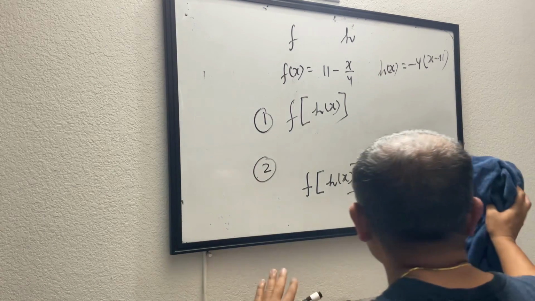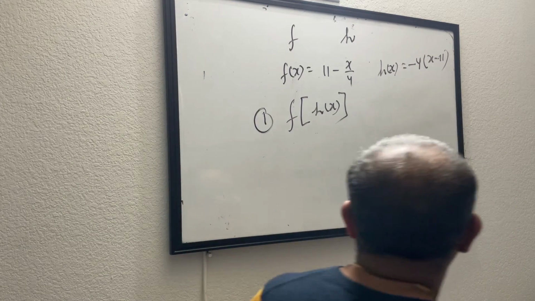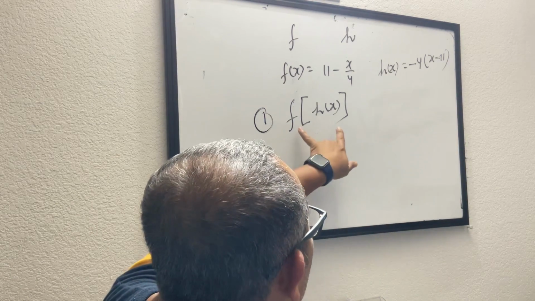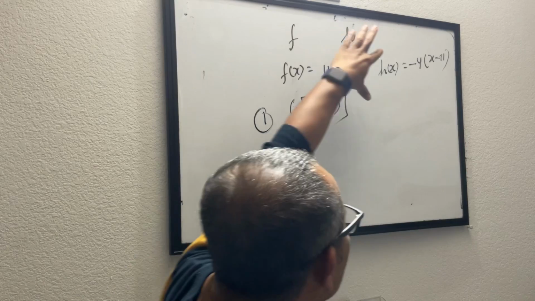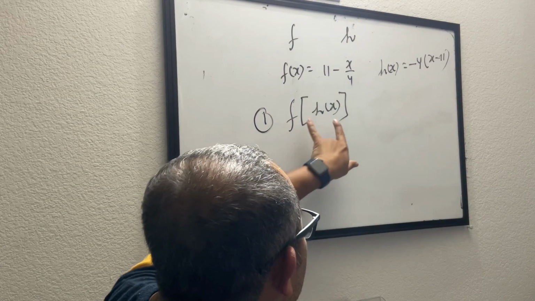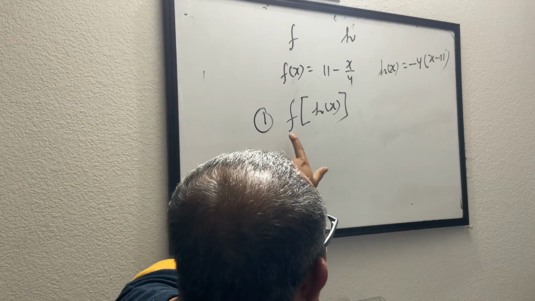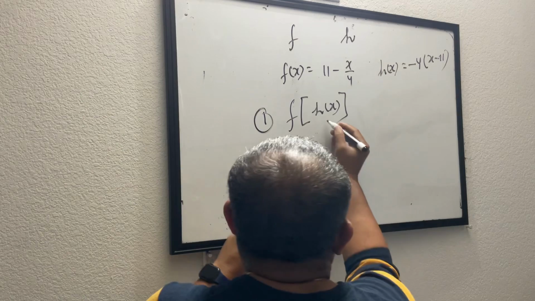So we have to do two things. One is, what is the expression in terms of x? I have f of x, I have h of x. We have been asked to find out f of h of x. Meaning, whatever comes as an output from this function becomes an input to this function. Let's find it out.